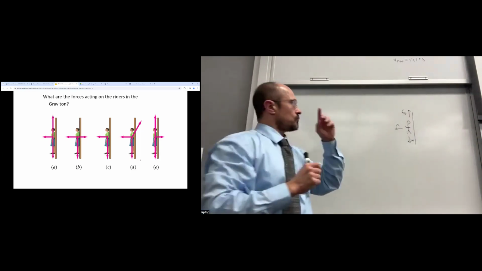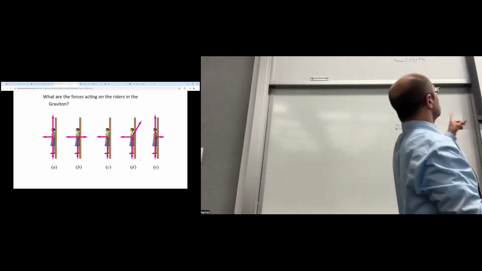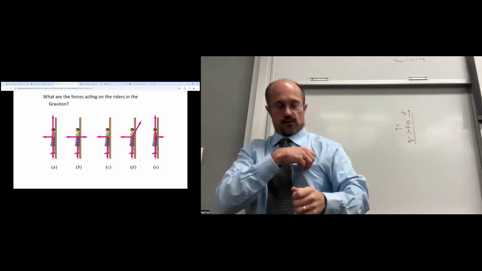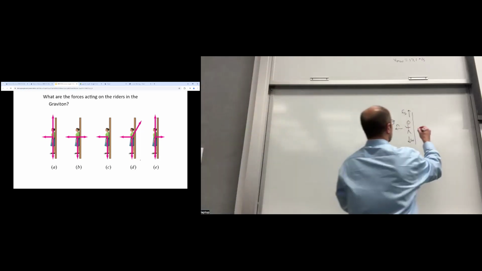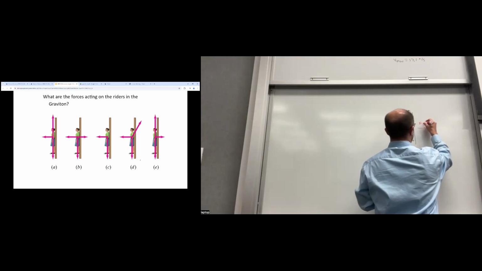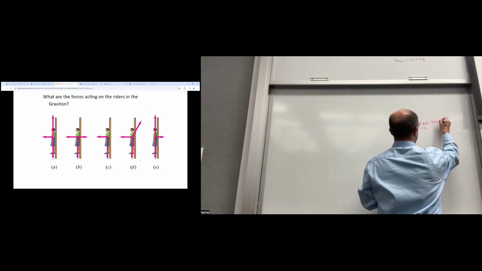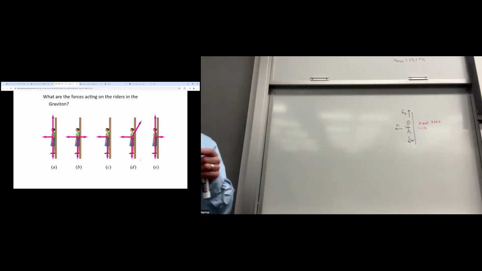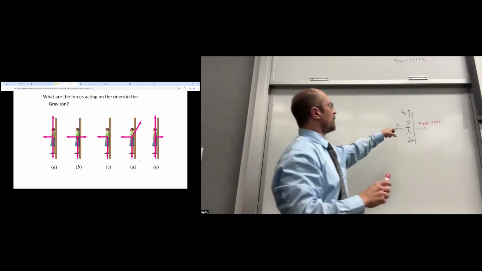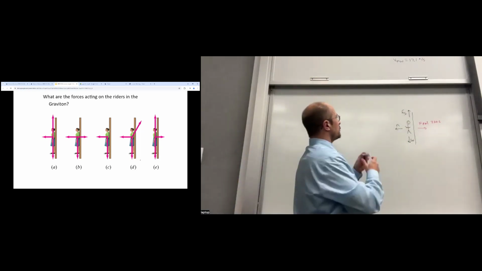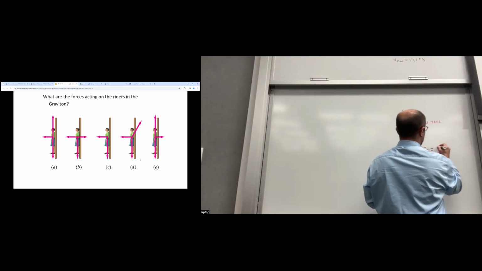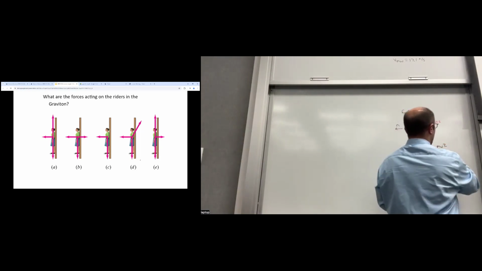Now, what we're going to talk about next is the idea that even though you do feel this, that comes from something. It comes because when you're going around this circle, we said that the sum of the forces in the radial direction is mv squared over r.